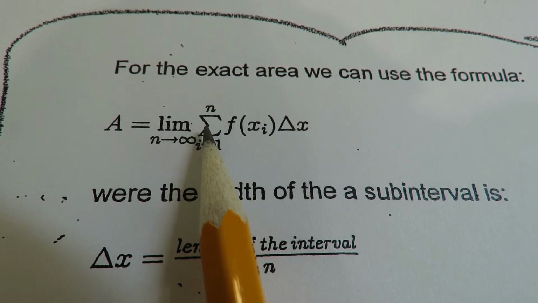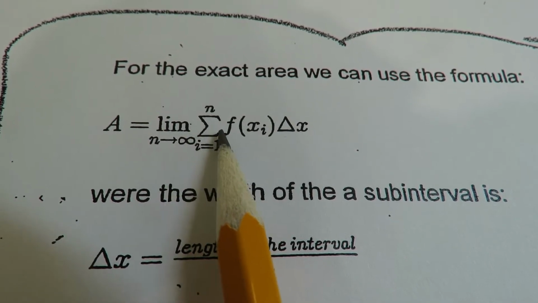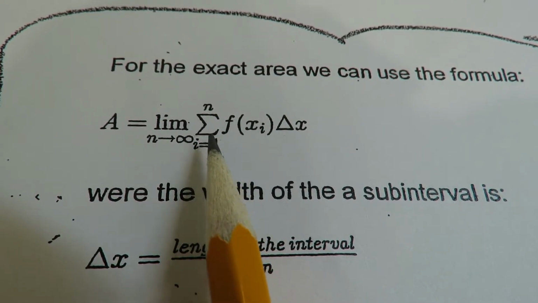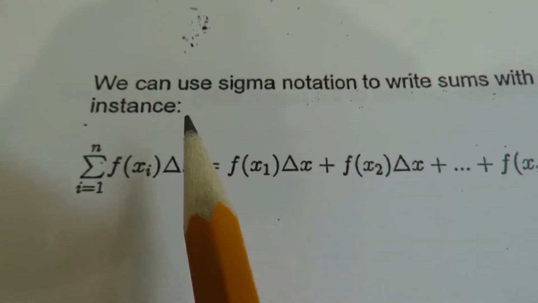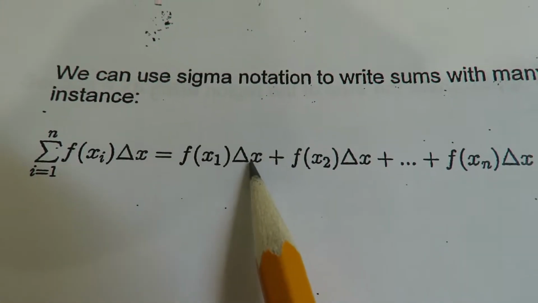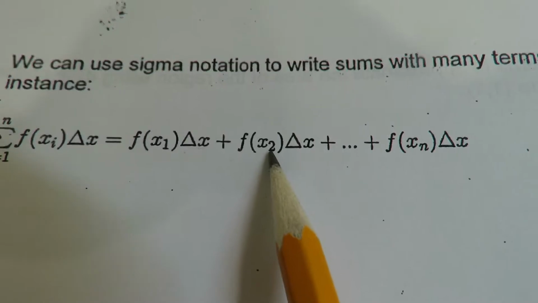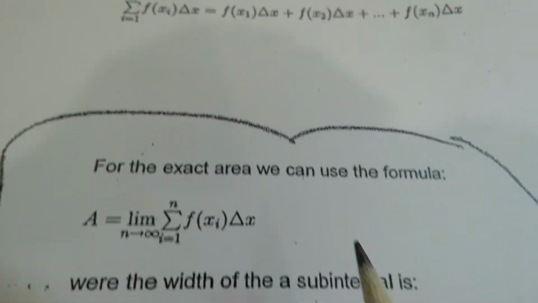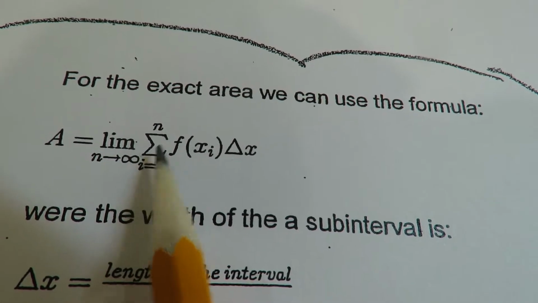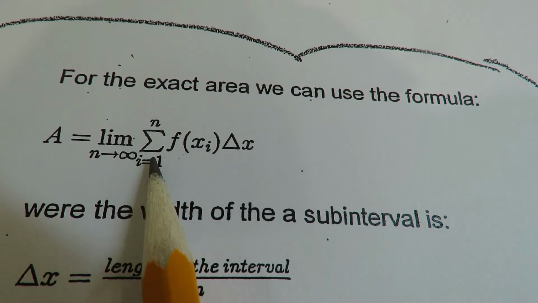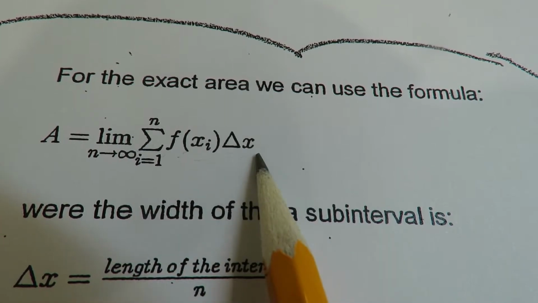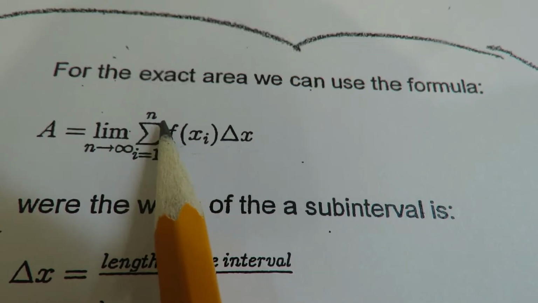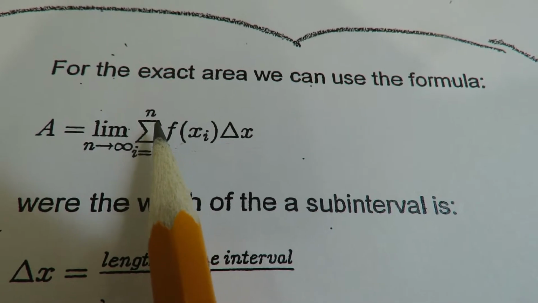If you've never seen this before, this guy is sigma. What sigma does is it adds up things. It's adding the first rectangle plus the second rectangle plus the third, on and on. It says, okay, if this is one rectangle, I'm going to add up all your rectangles. How many rectangles would you like? This is where it gets good.